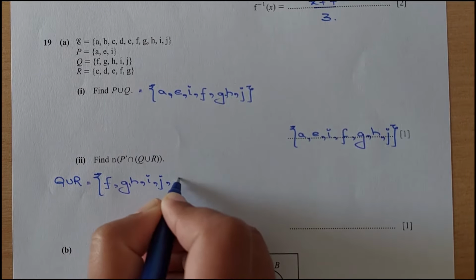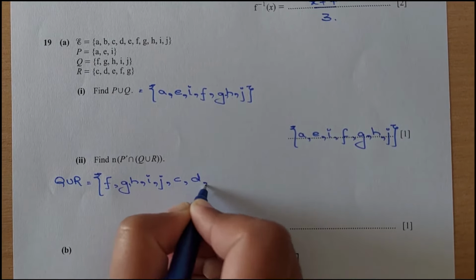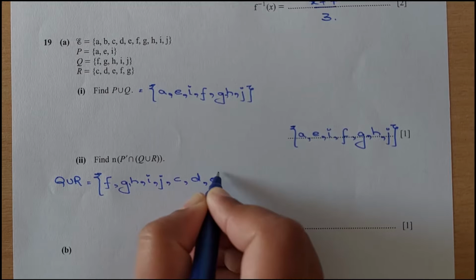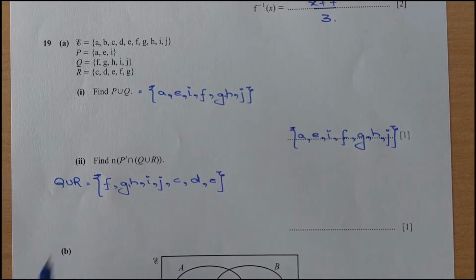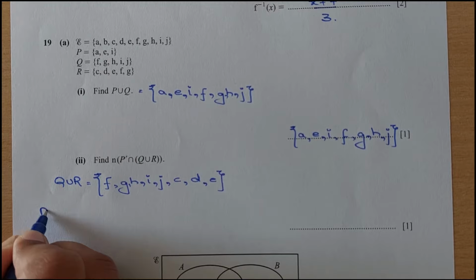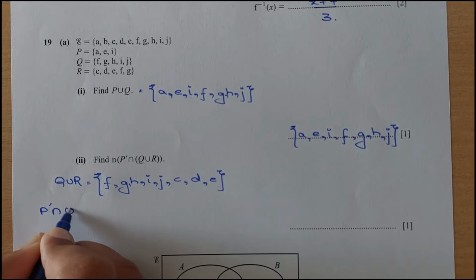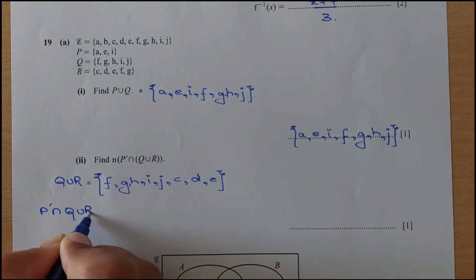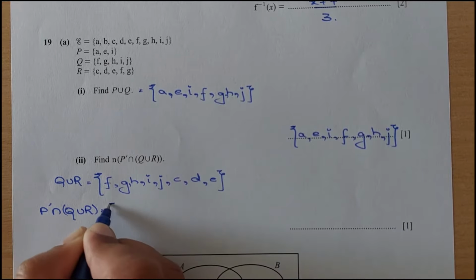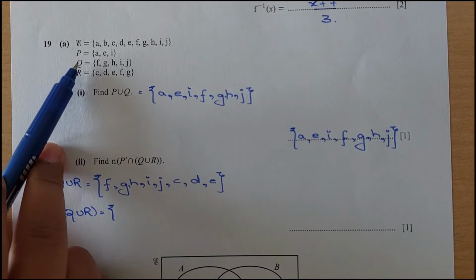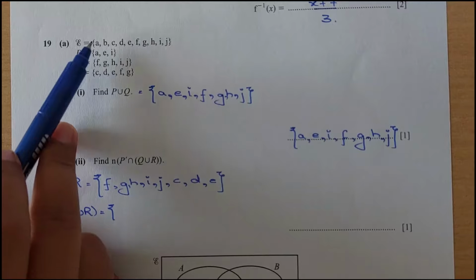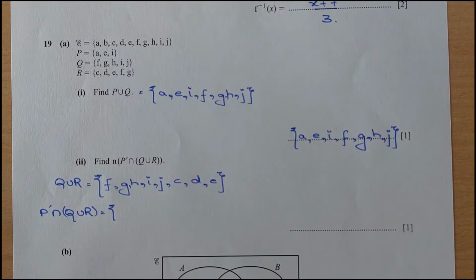And we have R is C, D, E. We use F and G as well. Right, now we need to do P complement and its intersection with Q union R. What is P complement? The numbers that are not in P. So we can cancel A, E, and I from the universal set.